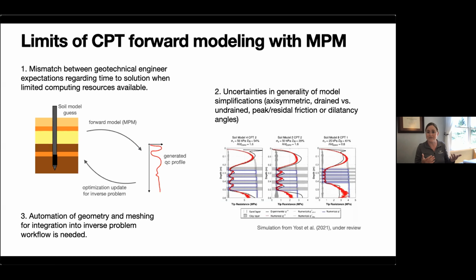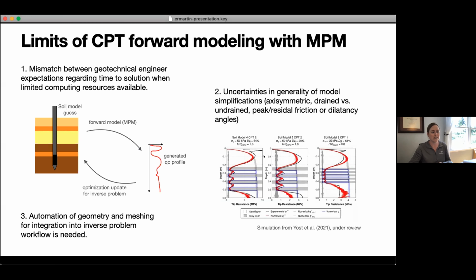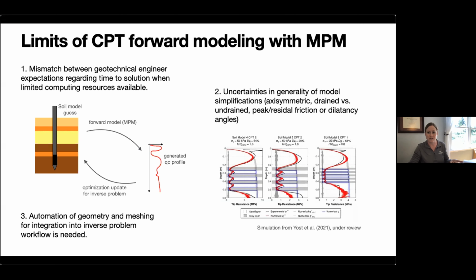They're not used to waiting for an HPC simulation to happen. With these material point method simulations, these profiles typically take several hours at a time. So when you think about integrating that into your inverse problems approach, if you're doing that for a community that's not used to that kind of turnaround time, you have to think about what are other ways we can do simple surrogates.